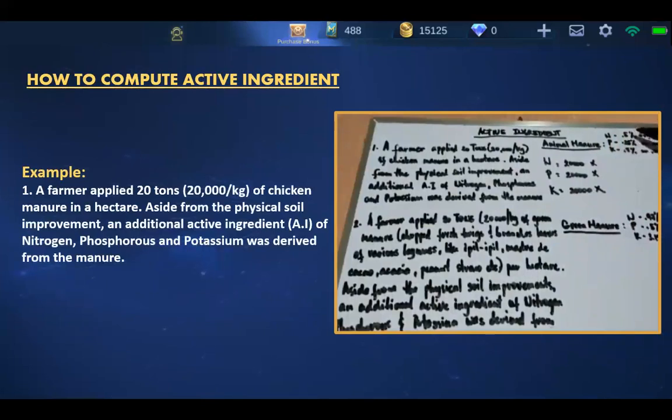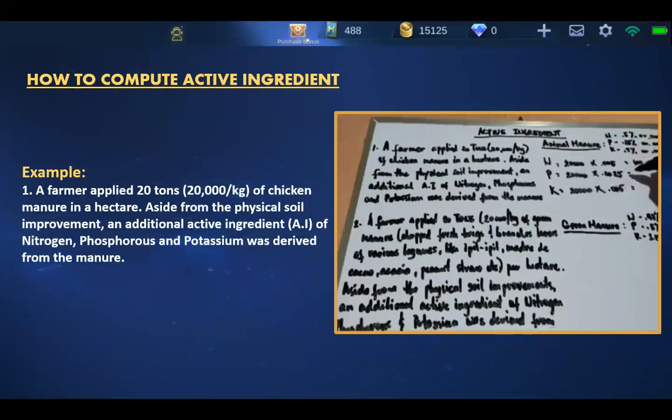We need to convert that into decimal point, so that is 0.005. Phosphorus is 0.25%, so that is 0.0025. And for the potassium, that is again 0.5%, so that is 0.005.